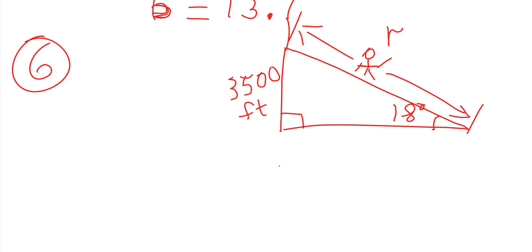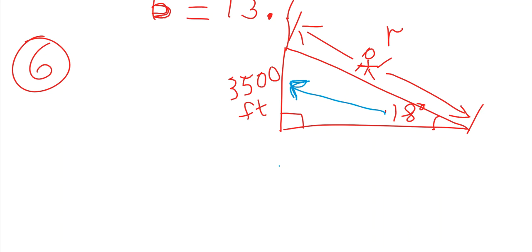How big is R? Well, again, fairly simple problem. You look at this triangle we've drawn and say, we have 18 degrees, so we're going to use some trig. What sides are 3,500 and R relative to the 18-degree angle? 3,500 is directly opposite our 18 degrees.